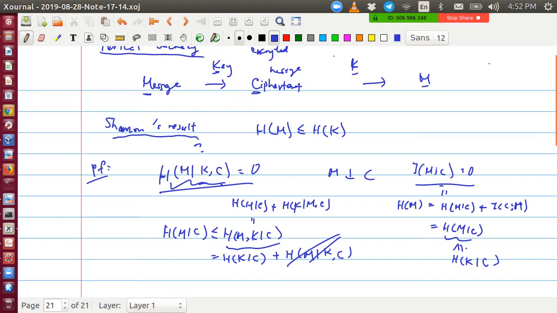Now, of course H(K|C) should be less than or equal to H(K), right? Because conditioning will reduce entropy.